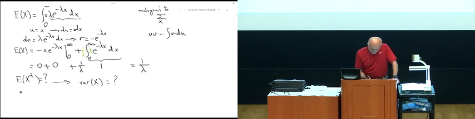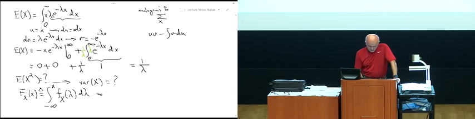The other thing I'm going to leave for you is to figure out what the CDF is for the exponential. How about you help me set up the integral, and then you can do the integral on your own. What's the integral? It goes from where to where? The definition says what? From negative infinity to x of the density.